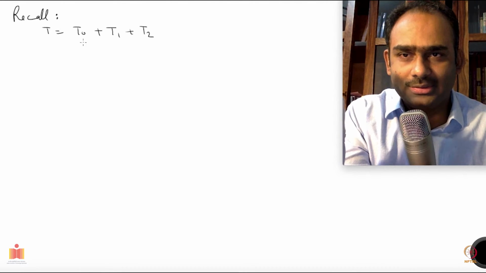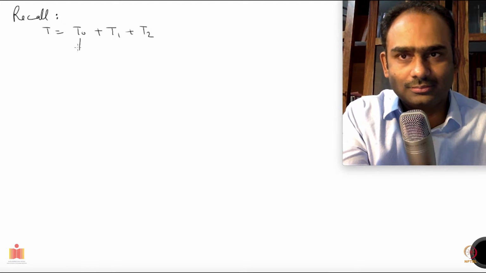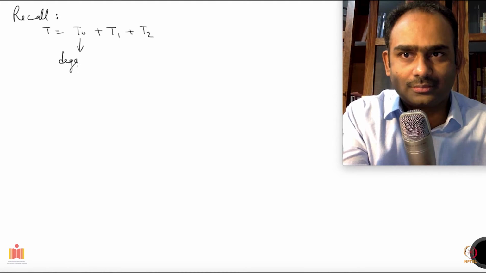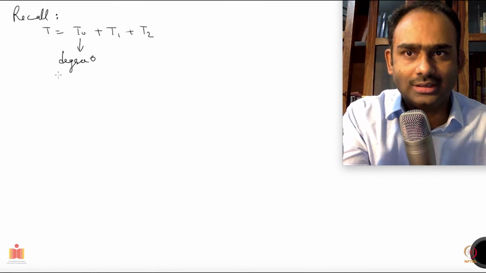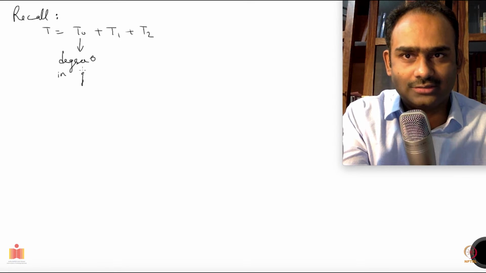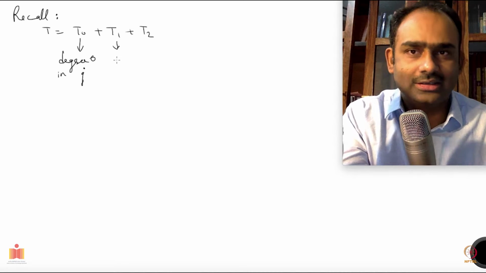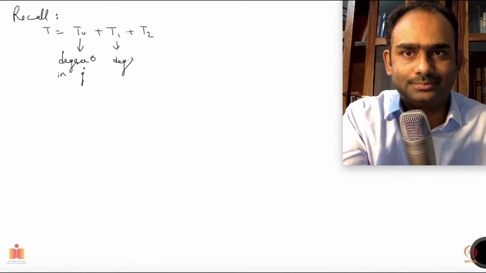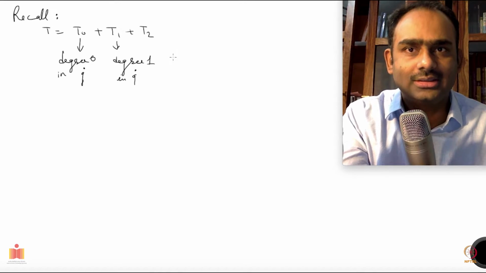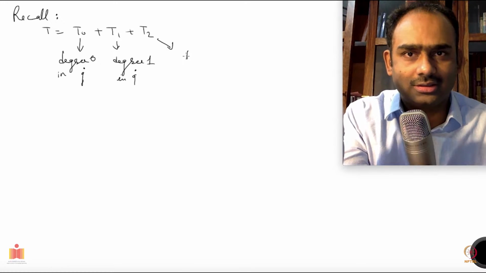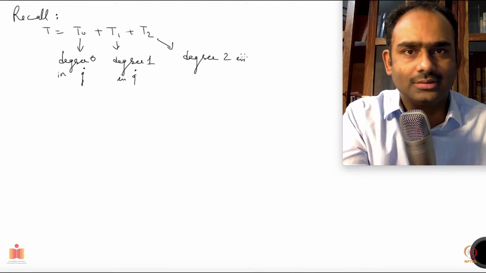I hope you remember this. Degree 0 in generalized velocities, so q dots. T1 is linear, meaning degree 1 in generalized velocities, and T2 is quadratic or degree 2 in q dots.